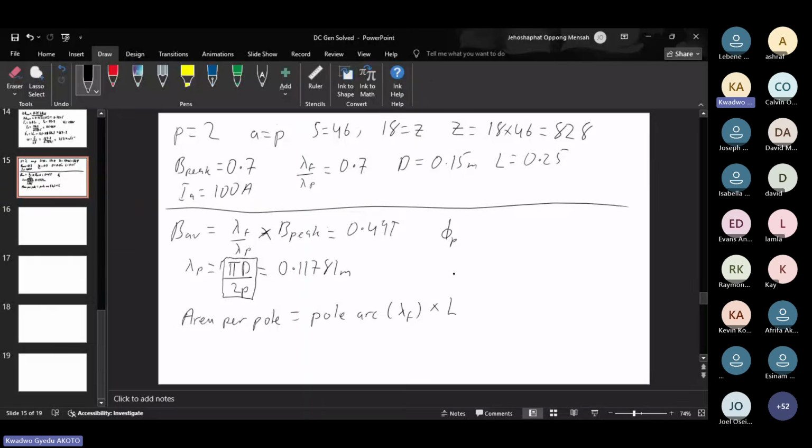And so to find lambda f, we know lambda f on lambda p, right?